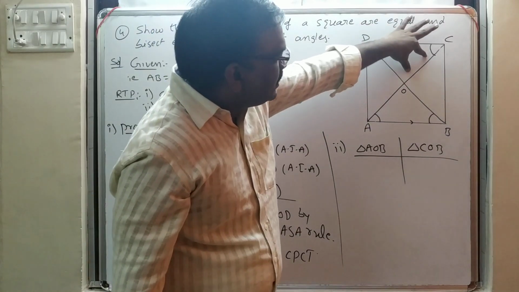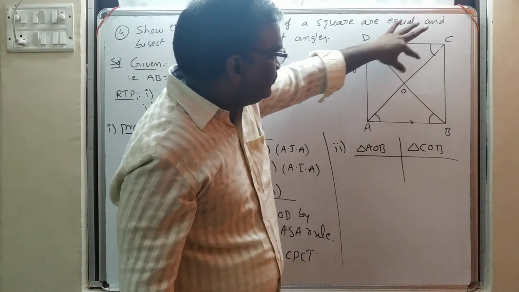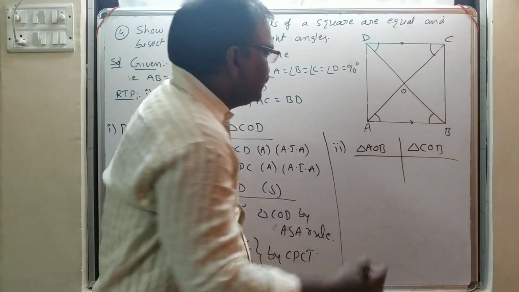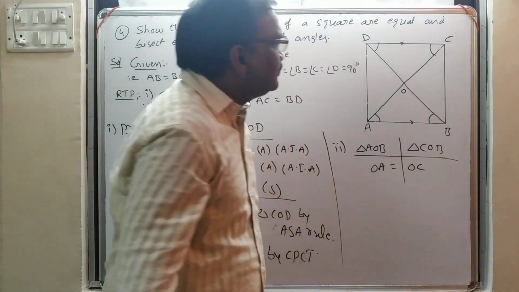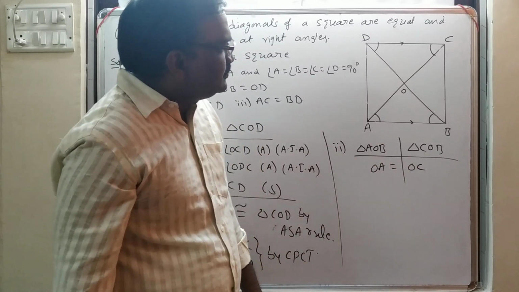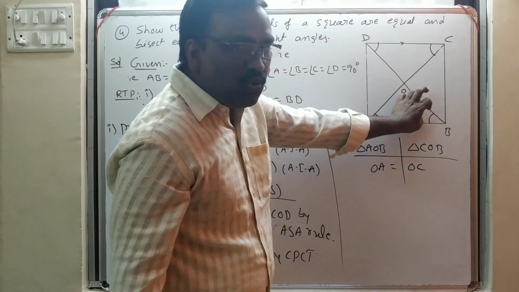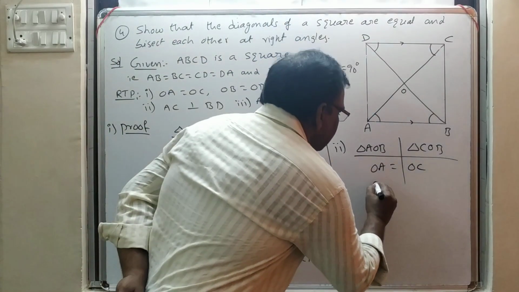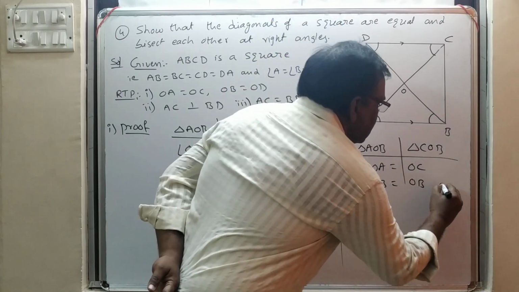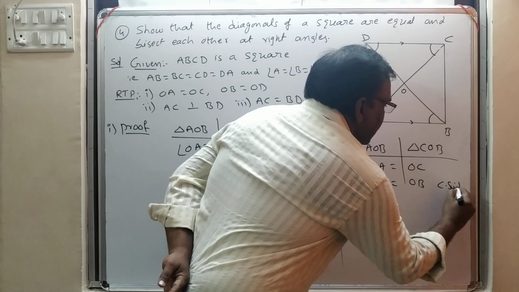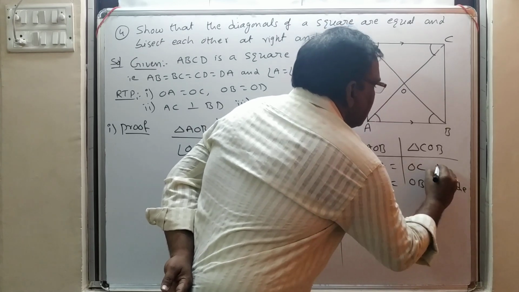OA is equal to OC, or AO is equal to CO. Next, OB is OB, common side. OB is equal to OB. This is common side.